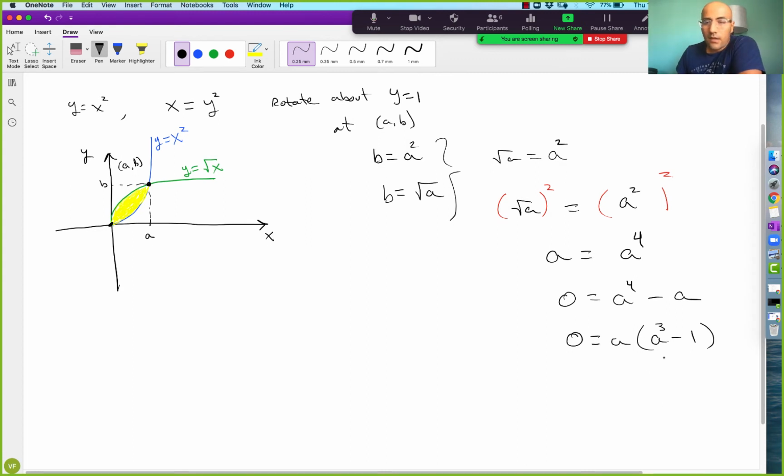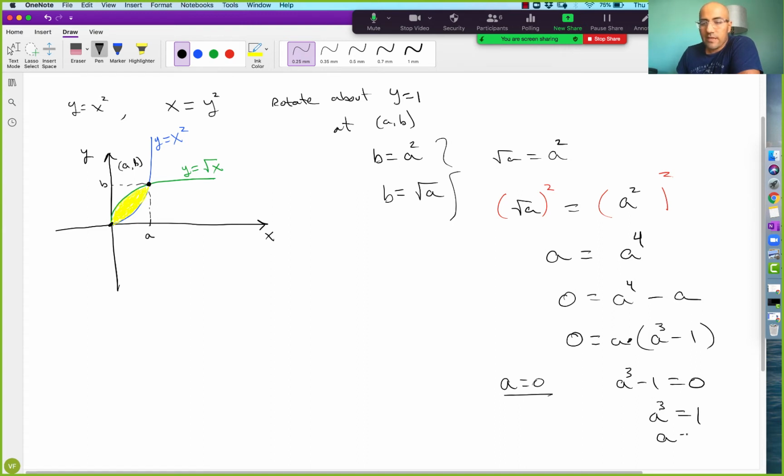Okay. And so from here, we have the zero product principle. So that must mean that a equals 0 is one solution. And we also get that a cubed minus 1 equals 0 gives another solution. So a cubed equals 1.